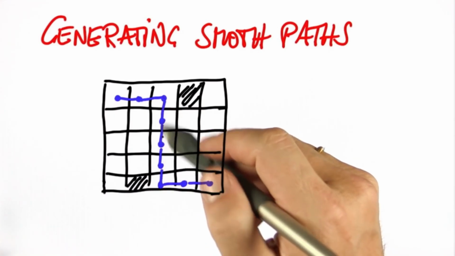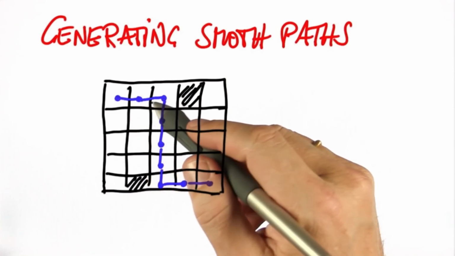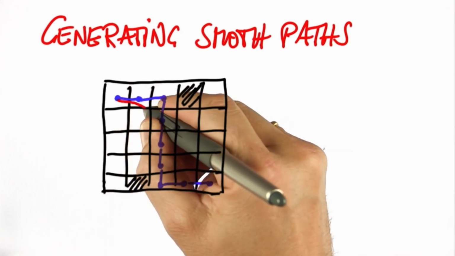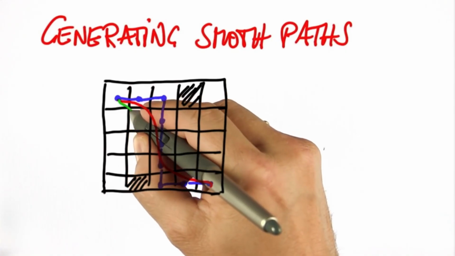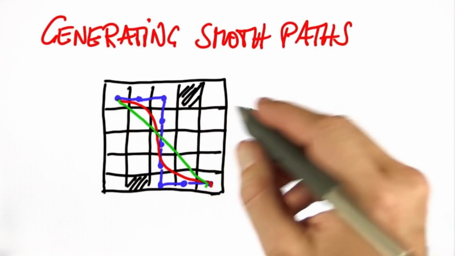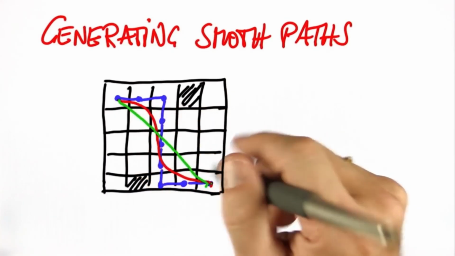For one, a car can't even do this. But for another, this will force the robot to move really slowly around the corner over here. A much better path would look like this. This is a smoother path. In the extreme case, you might even generate a path just like this. So the question becomes, can we modify the blue path to look more like the red or the green path?